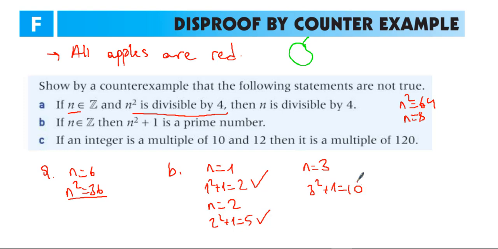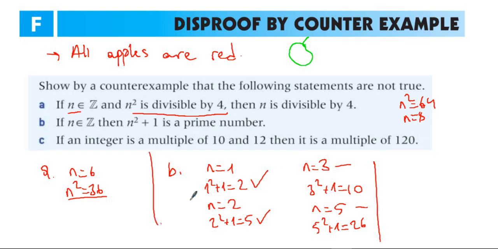If you remember, a prime number is a number divisible only by 1 and itself, but 10 is not prime. Also, it does not hold for n equals 5: 5 squared plus 1 is 26, again not prime, it's an even number. So you can go with 3 or 5, give a counterexample and disprove it.